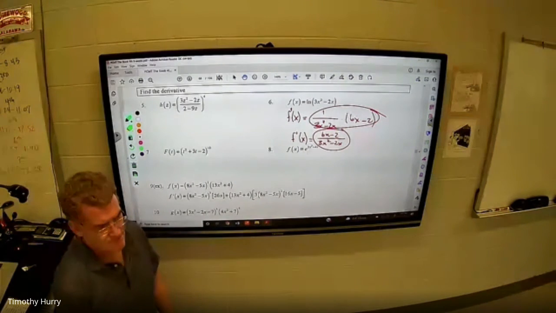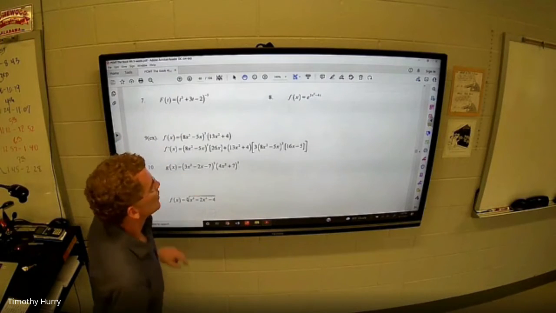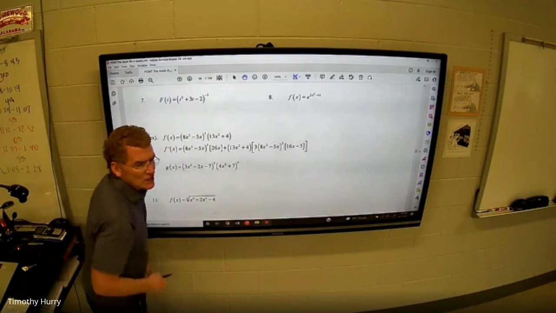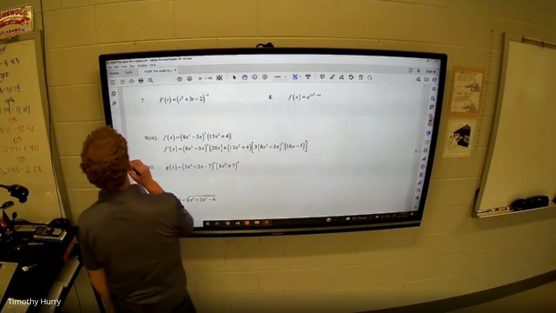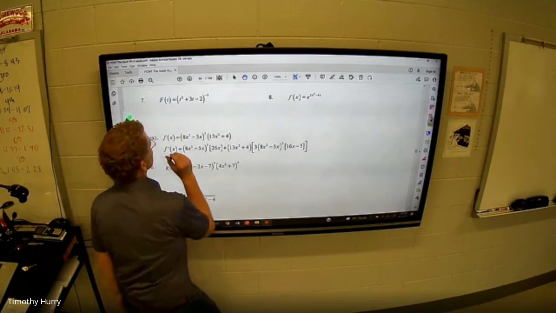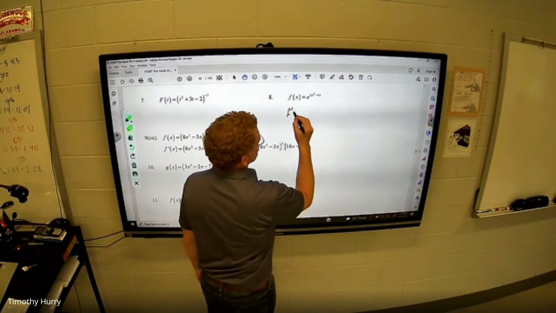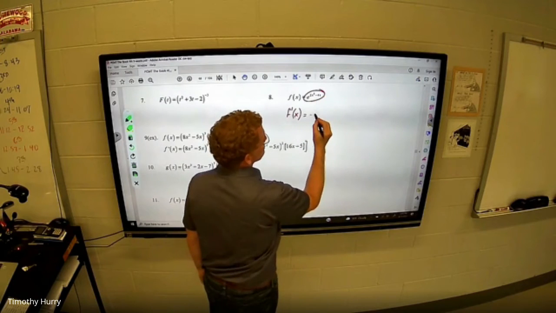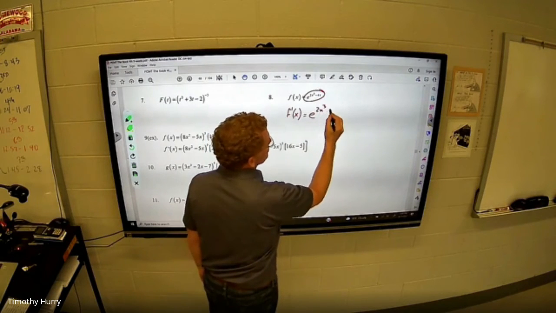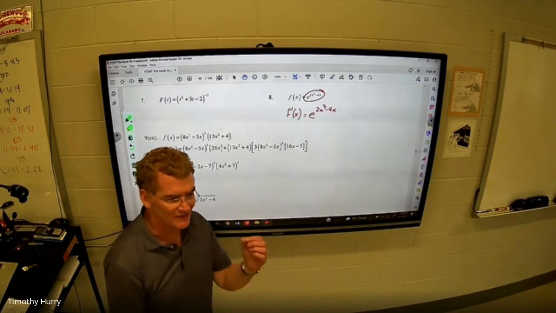You with me? Okay, exponential function. Look at number 8. What's the rule for e to the u, e to a power? What do I do to take a derivative? Oh, well, that expression is inside the e function, so you do e first. You just copy the whole thing down. That is literally what you do to take a derivative of an exponential function of e.